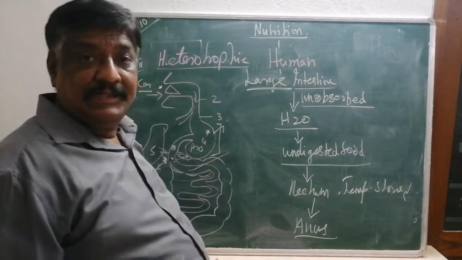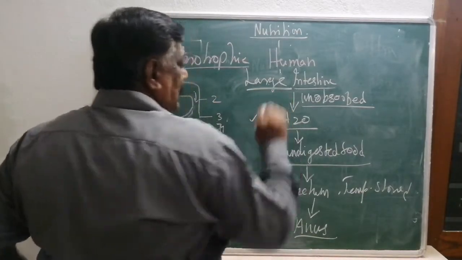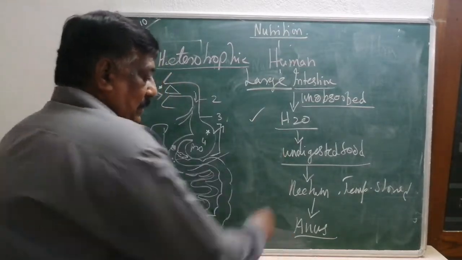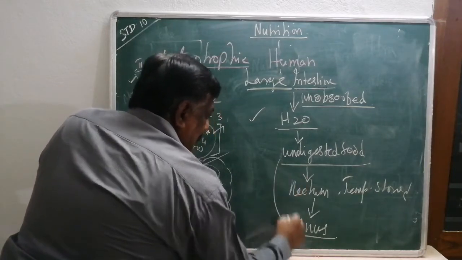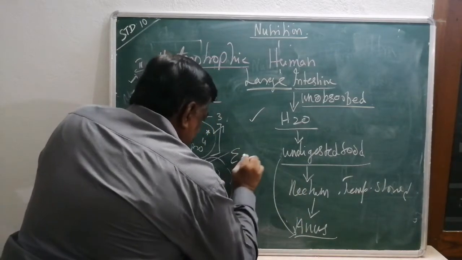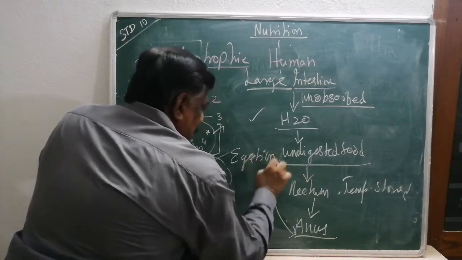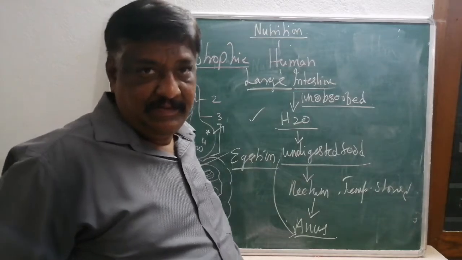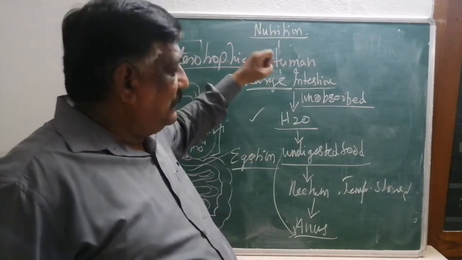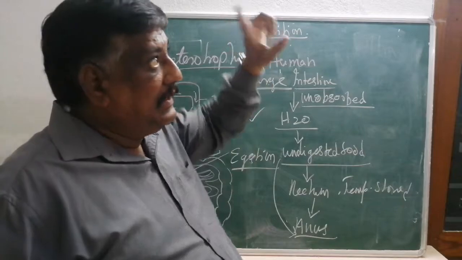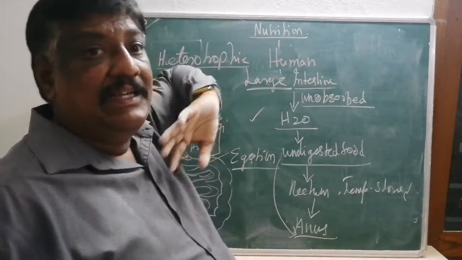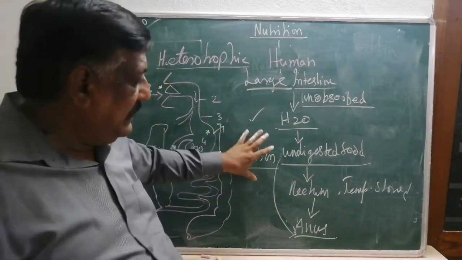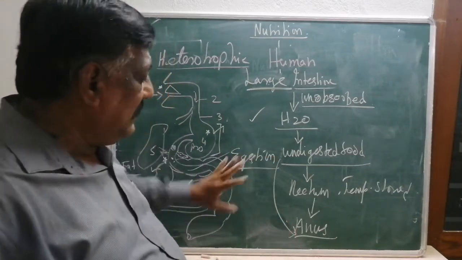This is the process. So only water is absorbed in the large intestine. The undigested food is eliminated. This elimination of undigested food is called egestion. Absorption, and now egestion. When the absorbed food enters the blood and reaches the cell, that is called assimilation. Now the waste is sent out through the anus, that is called egestion.